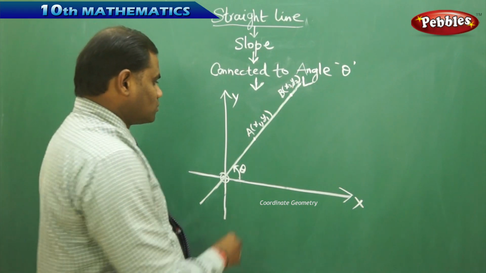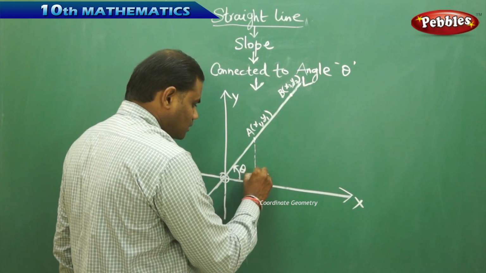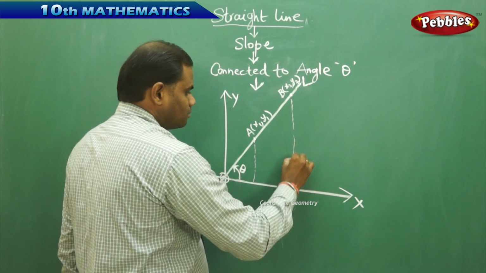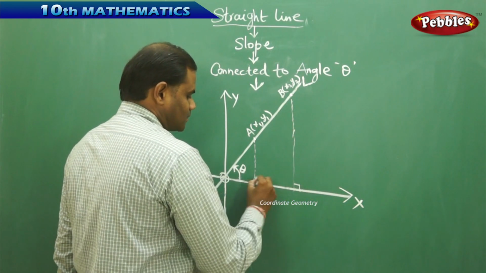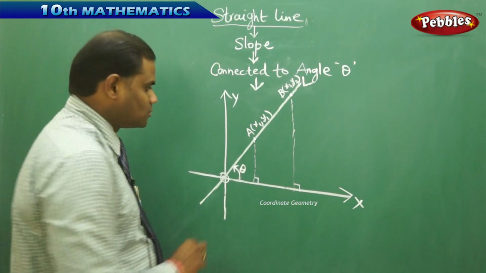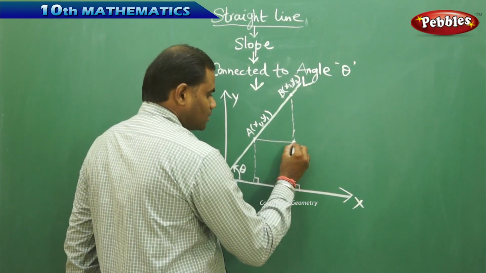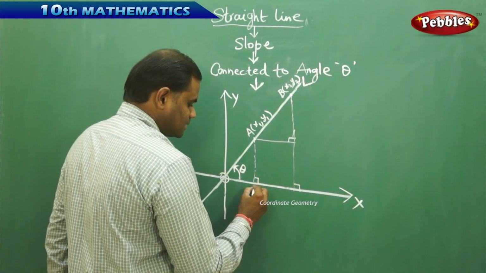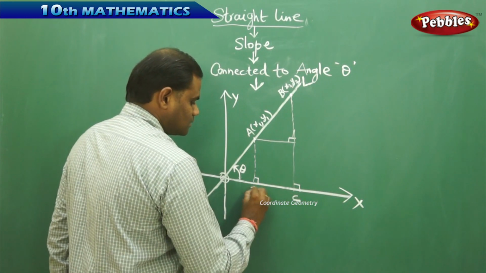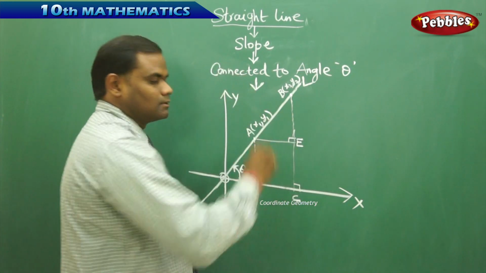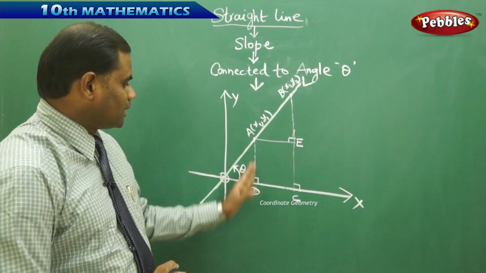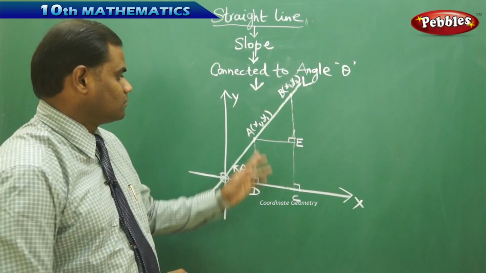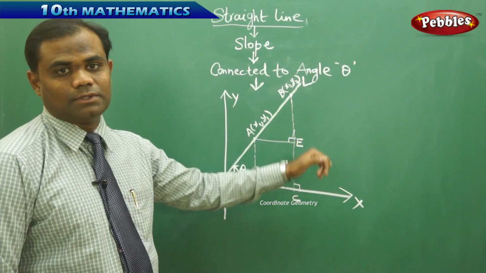So in order to do that, let me drop perpendiculars from A and B onto the x-axis, and a perpendicular from A onto BC. So let me take these as C, D, and E; this is how we get the diagram when I drop the perpendiculars respectively from A and B, and A onto E.